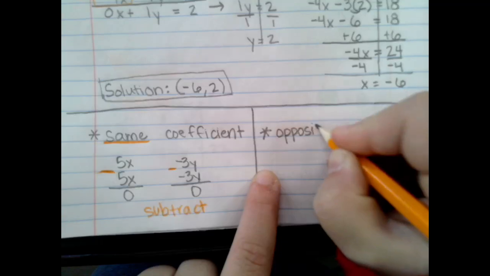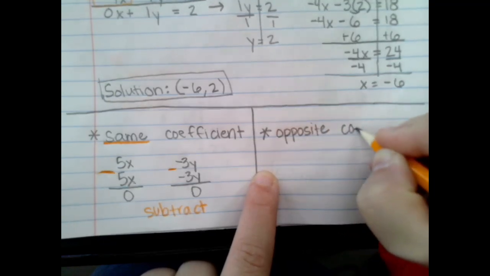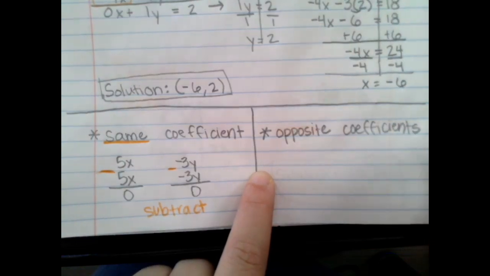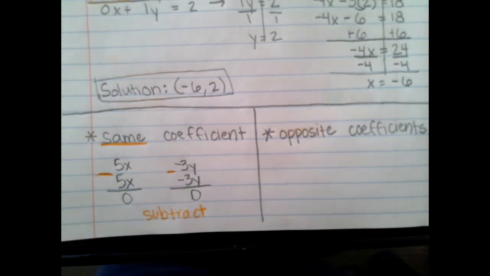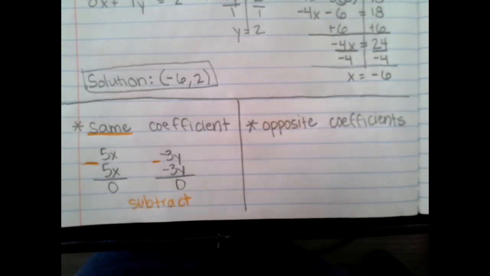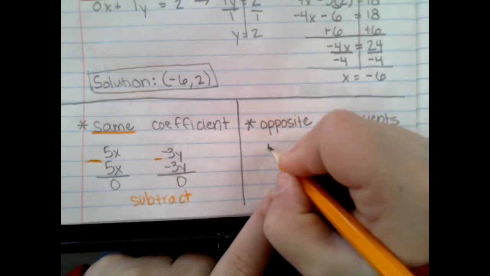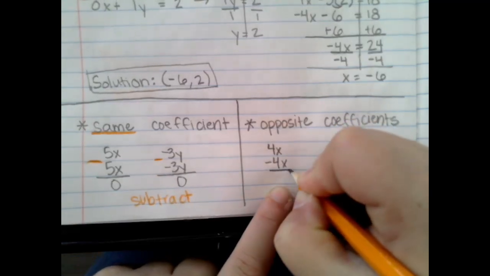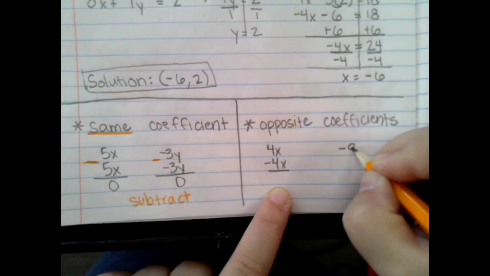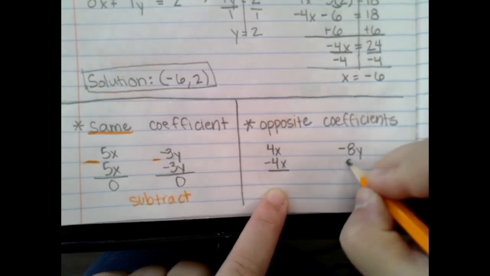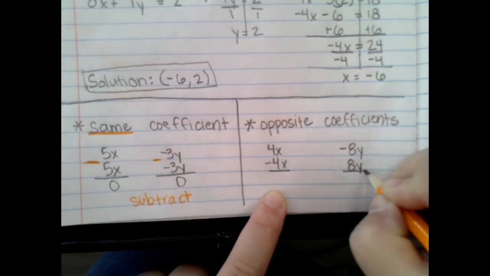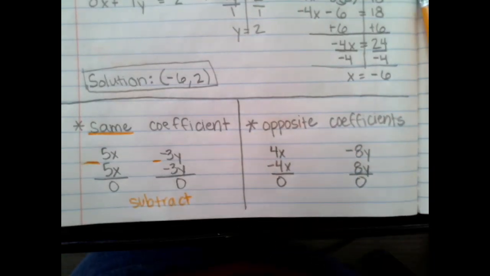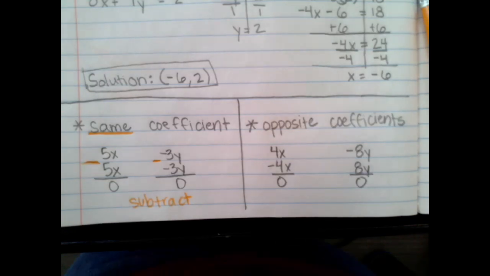So if I have opposite coefficients, like I have a 4x and a negative 4x, or I have a negative 8y and a positive 8y, and I need to get to 0. When they're opposites, are we going to add them or subtract them? We add them.